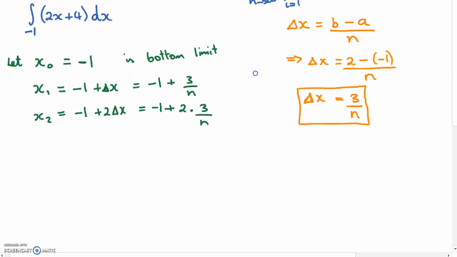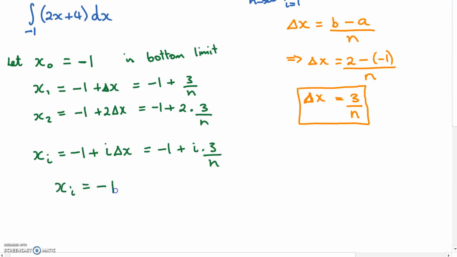And if we continue that, we get xi is equal to negative 1 plus i times delta x, which is equal to negative 1 plus i times 3 over n. So xi is equal to negative 1 plus i times 3 over n.